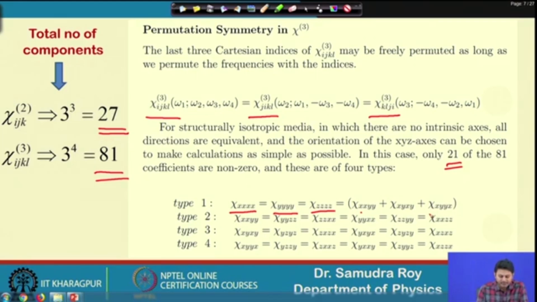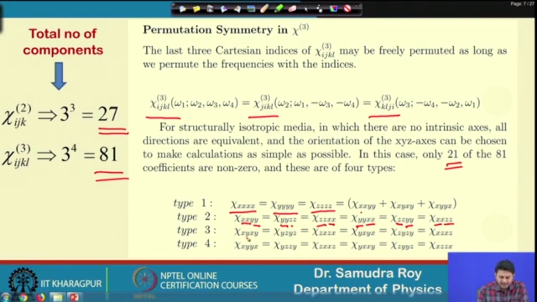There can be 4 different types of this. One type is where 2 components XX and YY are sitting side by side, like YYZZ and ZZXX, and then again XXYY, ZZYY and XXZZ. So all these components are the same.